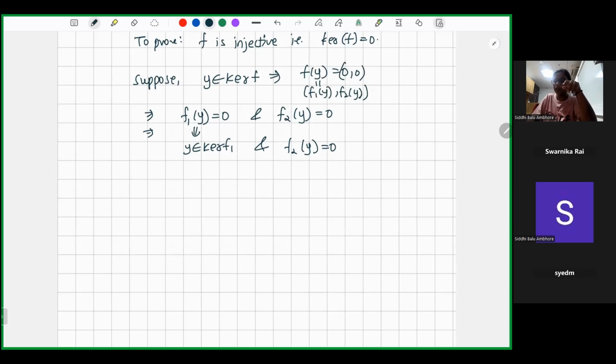And this implies f1 of y is 0 and f2 of y is 0. But since f is injective, f is an isomorphism, this implies y is 0.